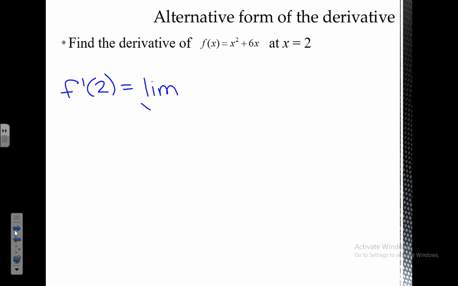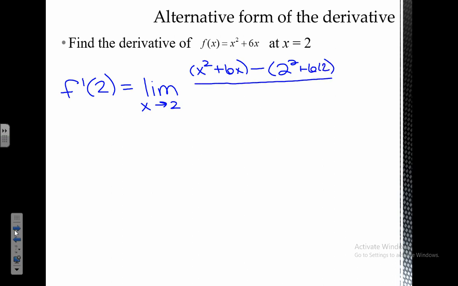We're going to take the limit as x approaches 2 of f of x minus f of 2, all over x minus 2.